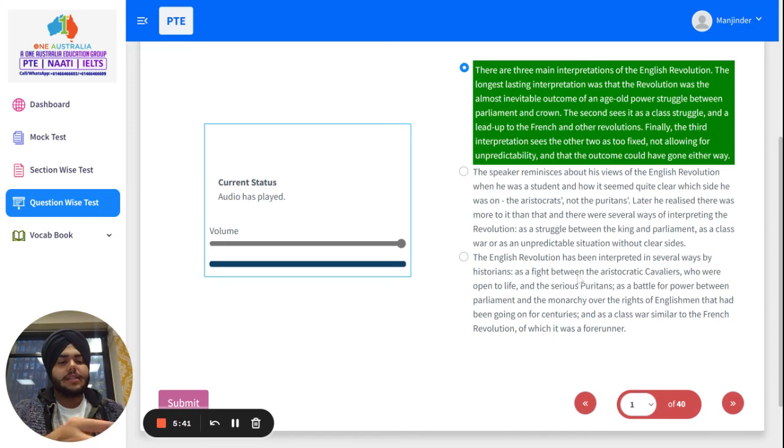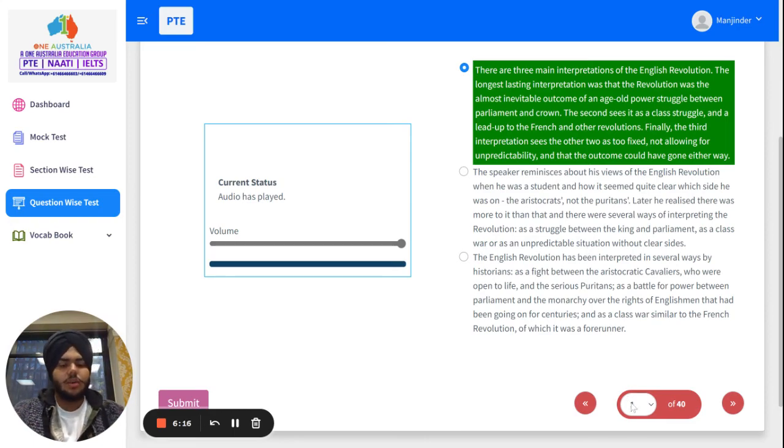Here it said there was a fight between the Cavaliers and the Puritans as a battle for power between the Parliament and the monarchy over the rights of Englishmen. So Parliament and the monarchy were not fighting over the rights of Englishmen, and everything that the speaker said was in the first option.